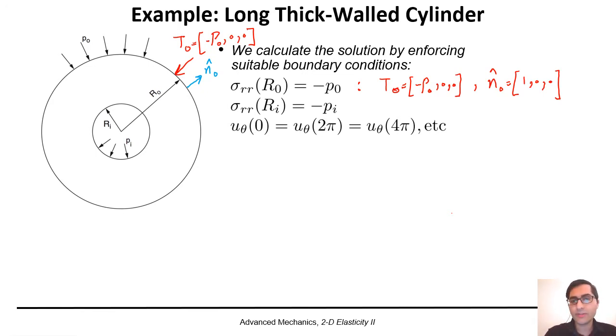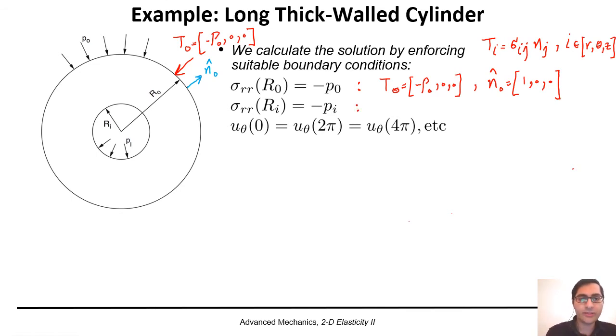We simply use traction equal to sigma ij nj for j equal to r, theta, and z here. The Cauchy stress formula to find sigma rr.